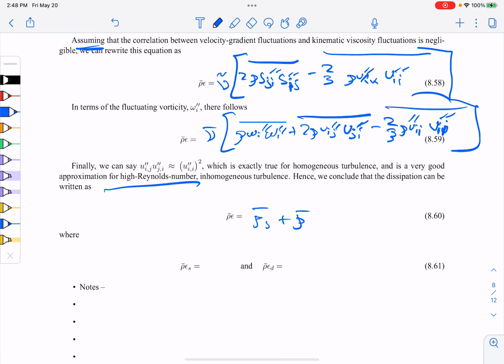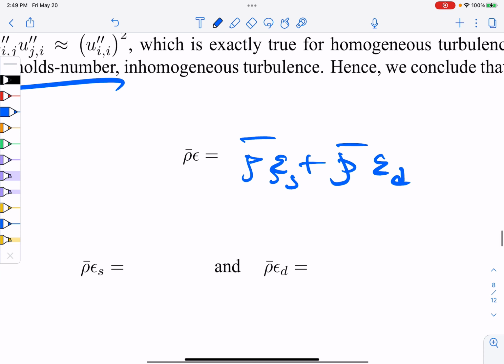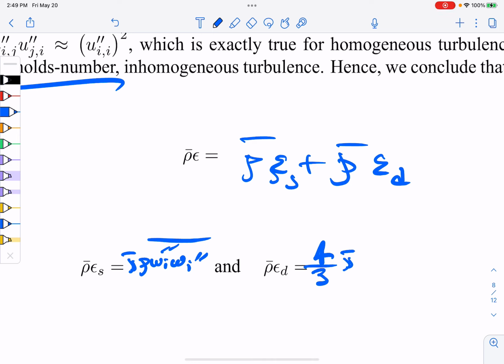And what are those definitions? Well, I'm going to zoom in here: epsilon s goes as nu bar rho omega i double prime omega i double prime bar, and epsilon d goes as 4/3 of nu times rho ui double prime bar.